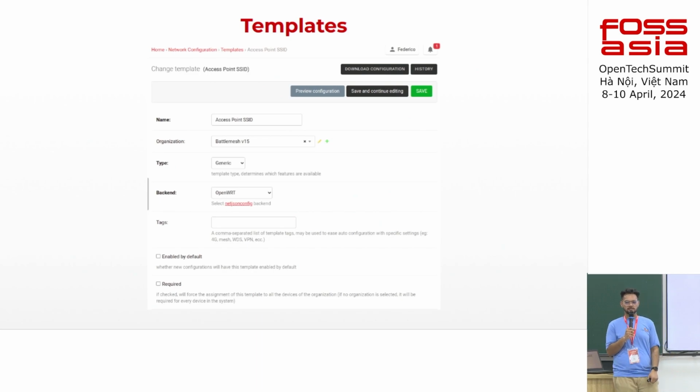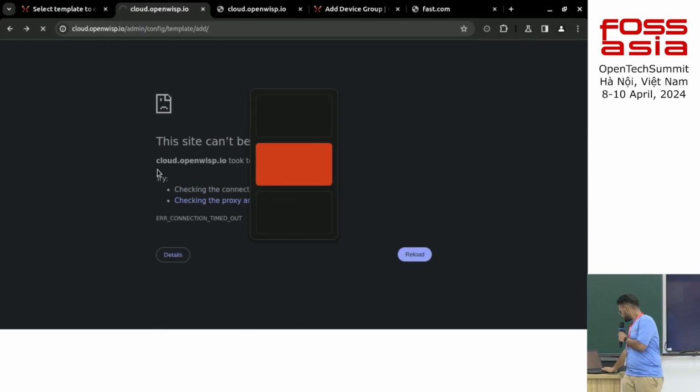You can flag some templates as enabled by default, and whenever a new device registers, it will have that template. And if you flag a template as required, then the user won't have an option to remove the template.